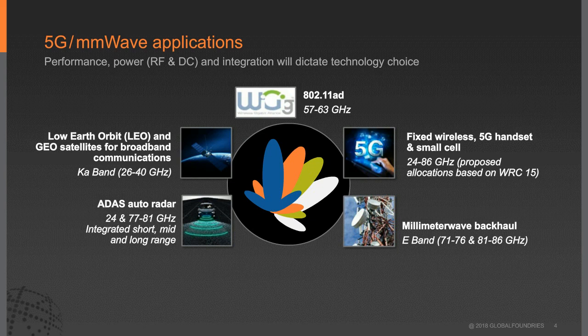WiGig, the Wireless Gigabit Alliance, which provides multi-gigabit per second wireless communication technology operating over the unlicensed 60 GHz frequency band, also uses millimeter wave beamforming.